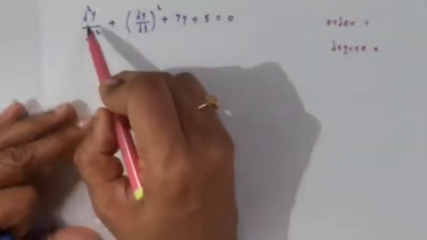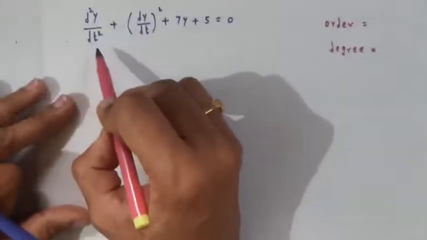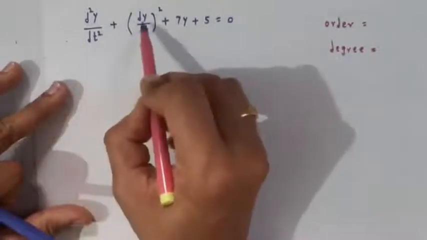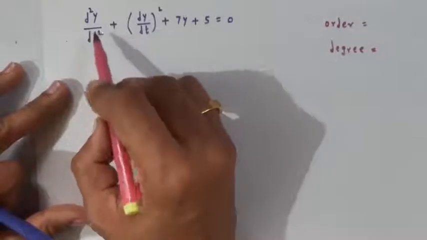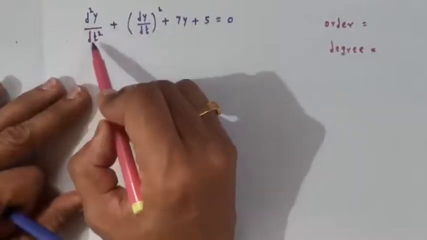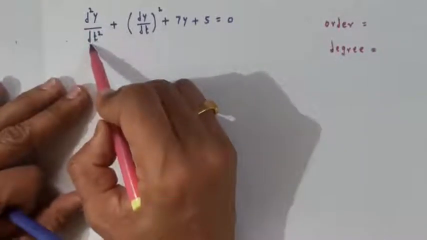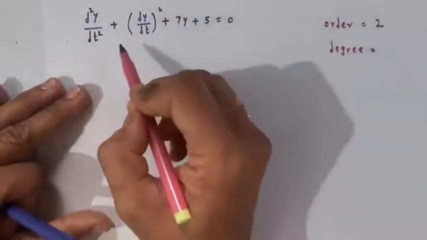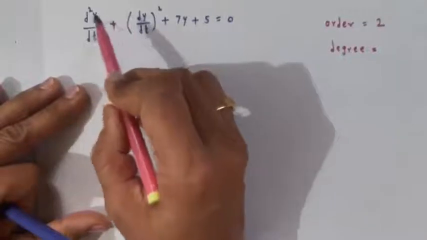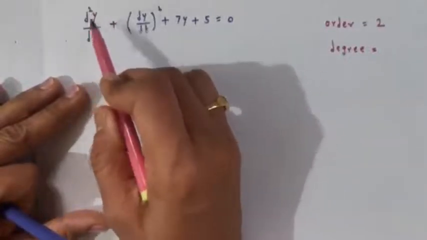Here d2y by dt square means second order, and dy by dt is first order. So the highest order is d2y by dt square, second order, and therefore the order of the differential equation is 2.